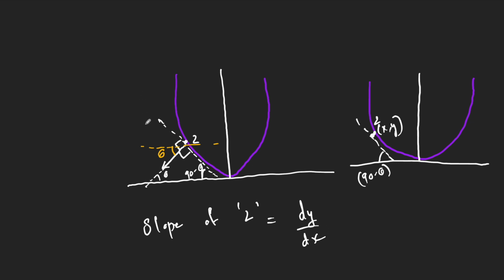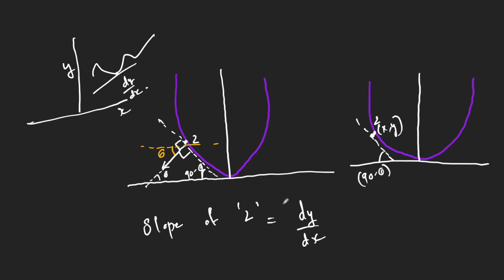In an xy graph, at any point, say this is x, this is y, the slope is given by dy by dx, right? So the slope at point 2 is dy by dx, which must be equal to tan(90 minus theta).